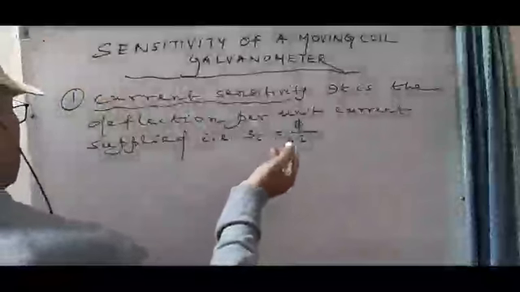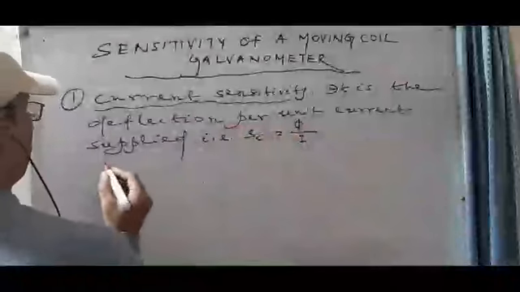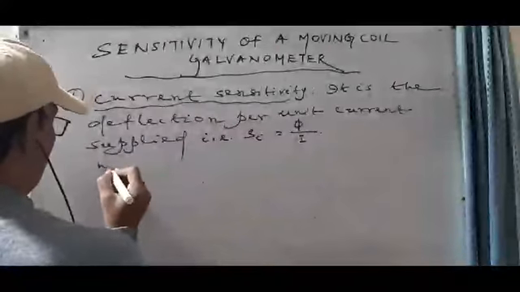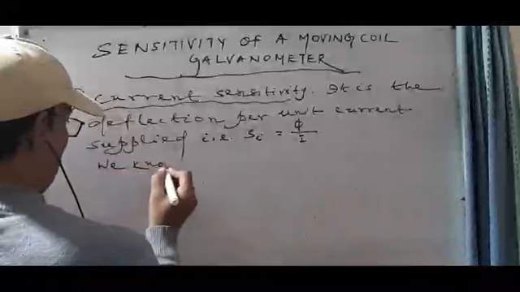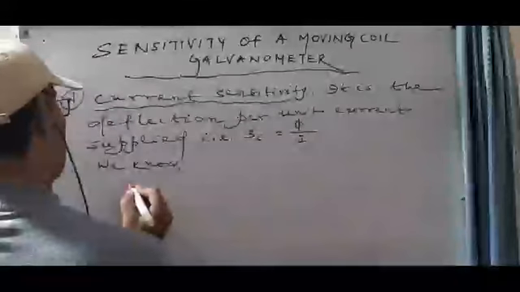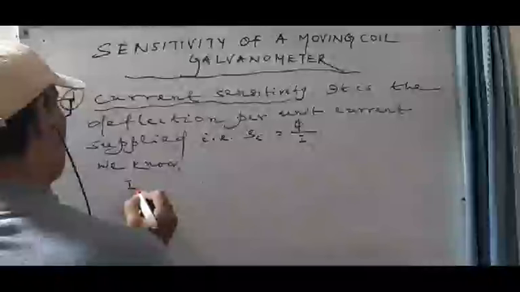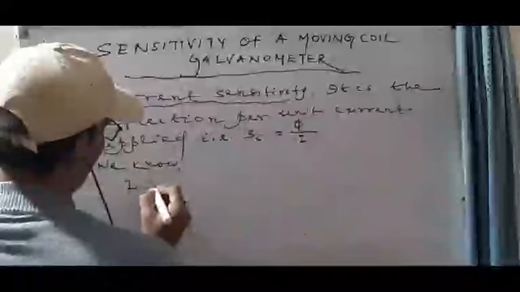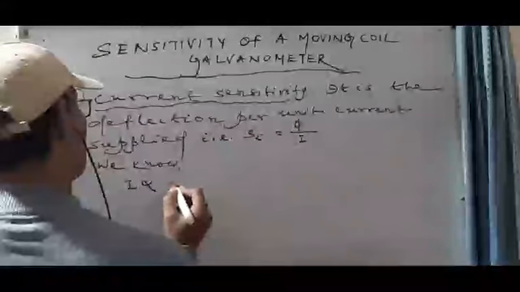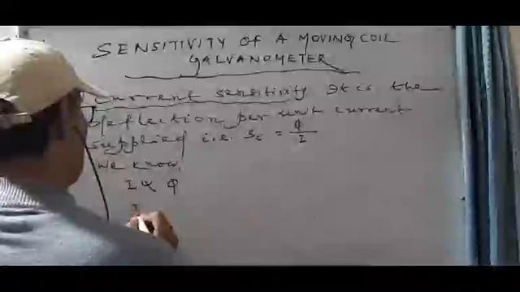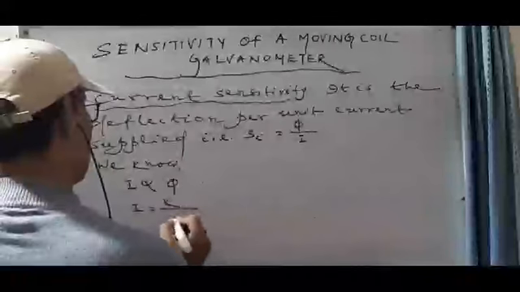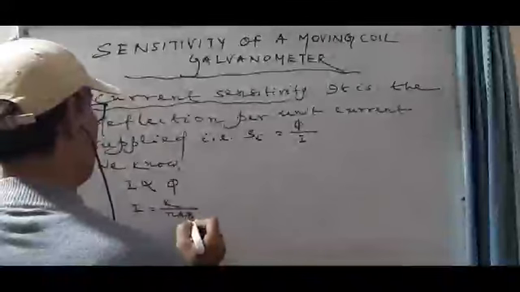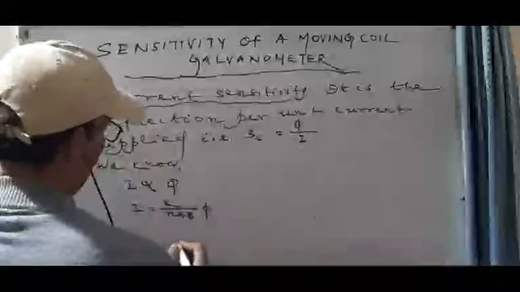So let's find the expression of phi upon I or SI. We know that I is directly proportional to phi, and I is equal to K upon NAB phi.